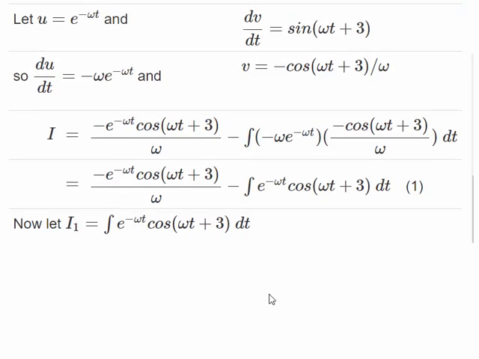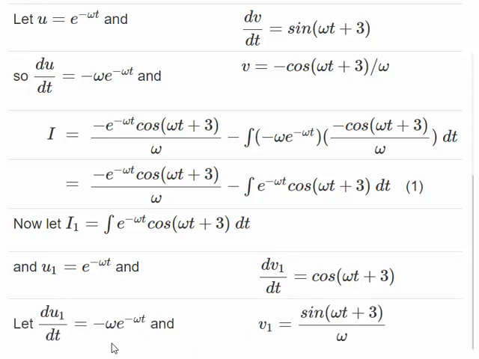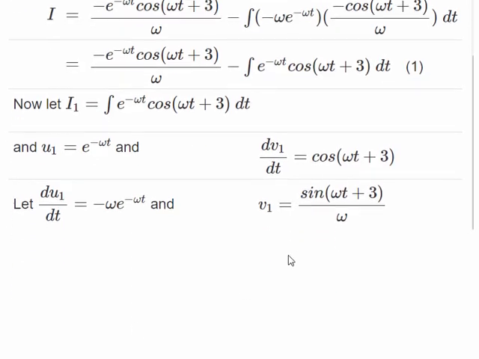So as before, we're going to let e to the minus omega t equal u1 and cos omega t plus 3 equal dv1 dt. So we need to differentiate u1 and integrate dv1 dt, giving us minus omega e to the minus omega t, and v1 is equal to sine omega t plus 3 over omega.